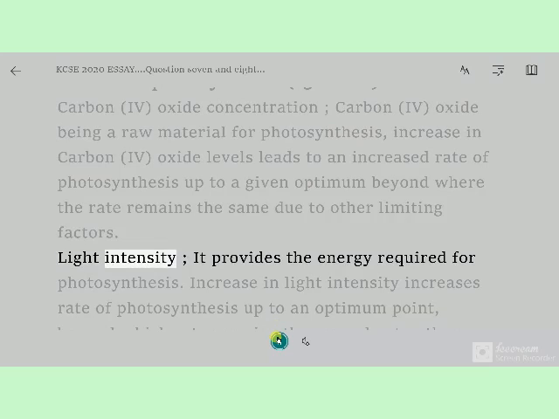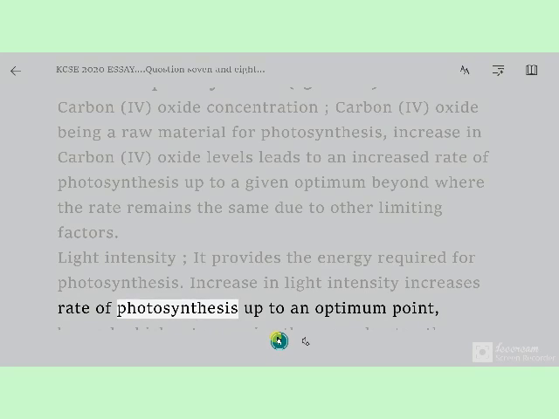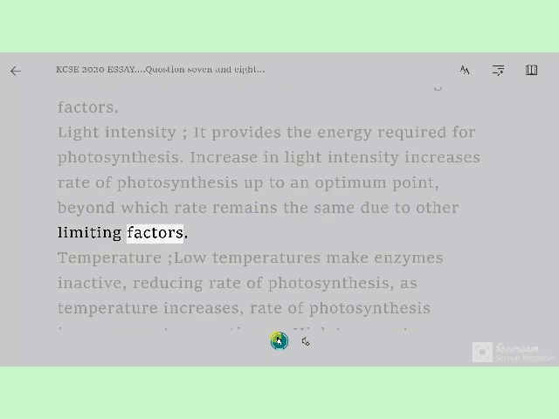Light intensity provides the energy required for photosynthesis. Increase in light intensity increases the rate of photosynthesis up to an optimum point, beyond which the rate remains the same due to other limiting factors.